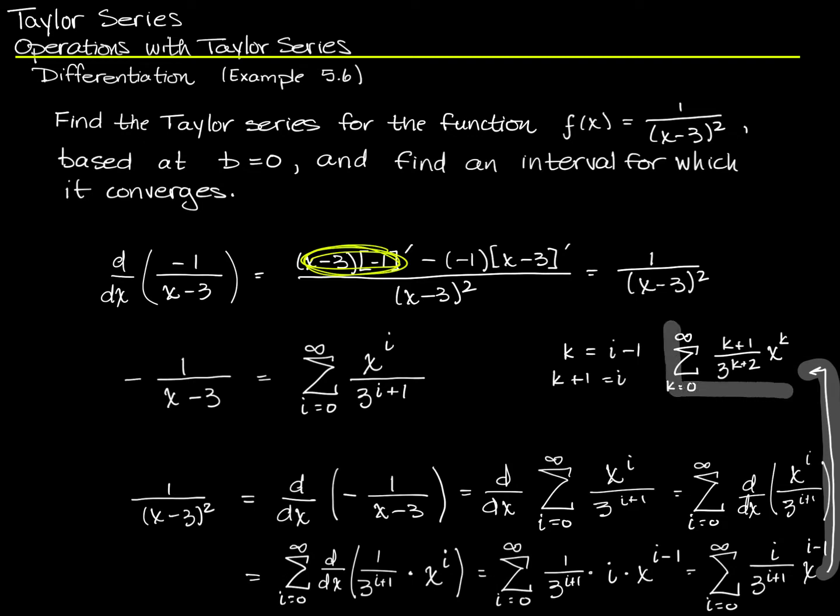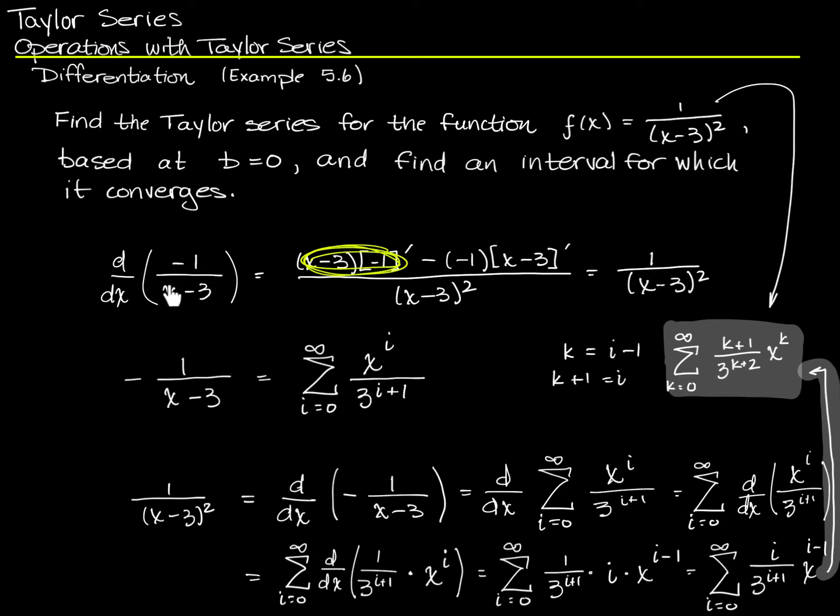So this is the Taylor series for 1 over x minus 3 quantity squared. This thing is equal to that thing on the right interval. Remember, we have to consider the interval of convergence.